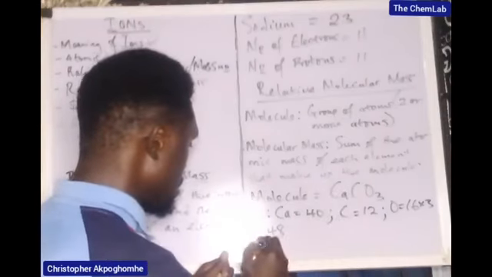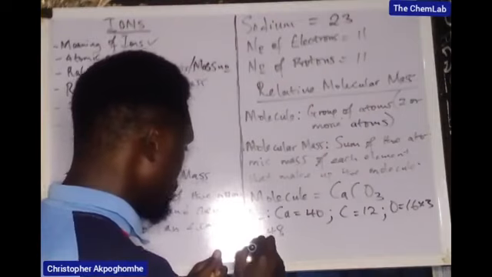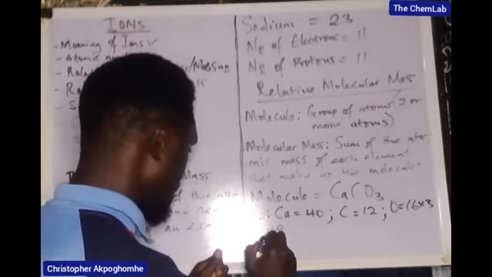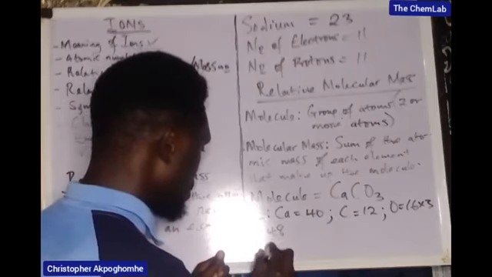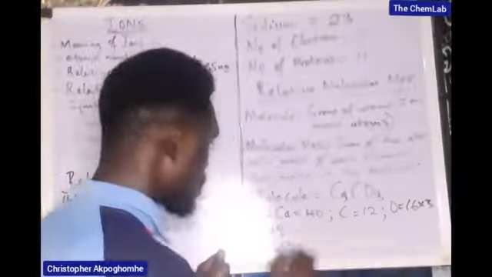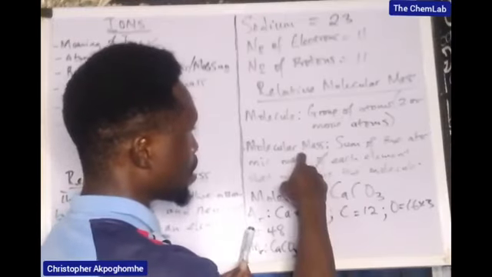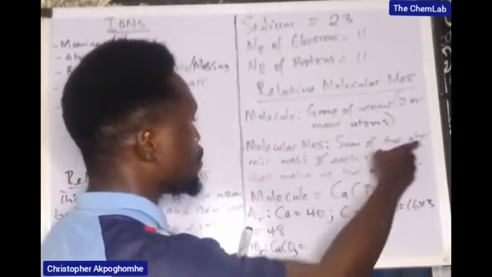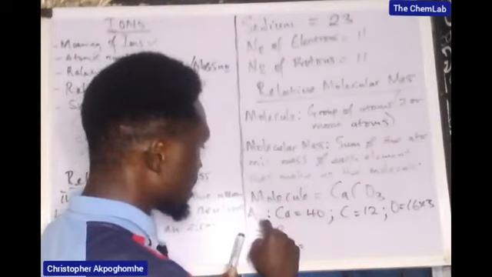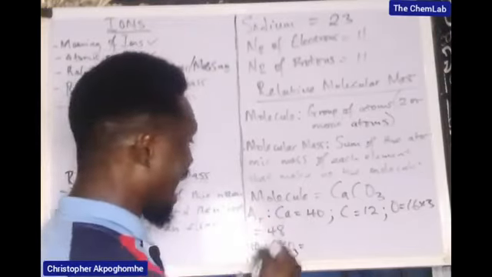So, the relative molecular mass, Mr, for the compound CaCO3 is equal to, remember we said molecular mass or relative molecular mass is the sum of the atomic masses. These are the atomic masses, so we will now add them.